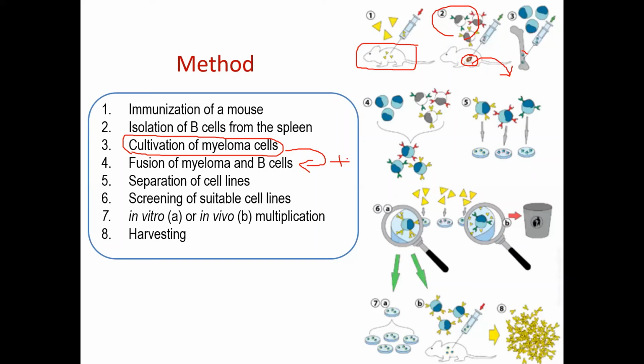So finally, when you have the right cell, which has the capability of both cells, then you can easily produce and harvest your desired antibodies. It could be in vitro, it could be in vivo. That does not matter, but what you need is a particular cell line.